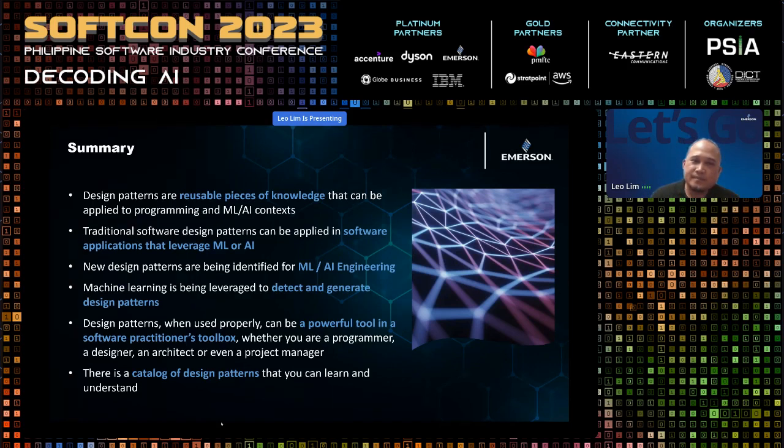Again, we discussed three areas where you can use design patterns, right? The traditional ones, in the context of AI and machine learning, where you can apply them in software applications that leverage ML or AI, or the new design patterns that are specific for machine learning and AI engineering purposes. And then, of course, how to leverage machine learning itself to detect and generate those design patterns.